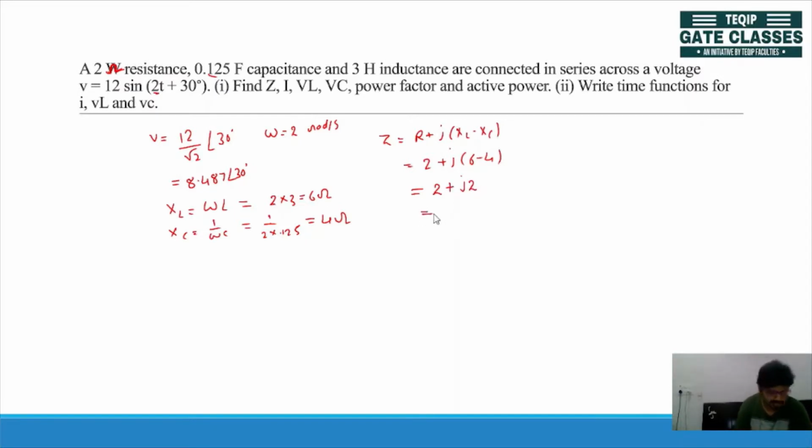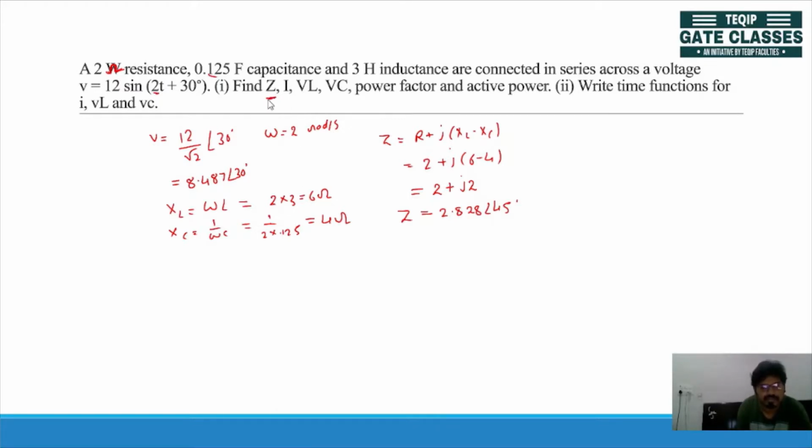In polar form you'll get 2.828 angle 45. This is simply the Z. Now the first question's answer is here.